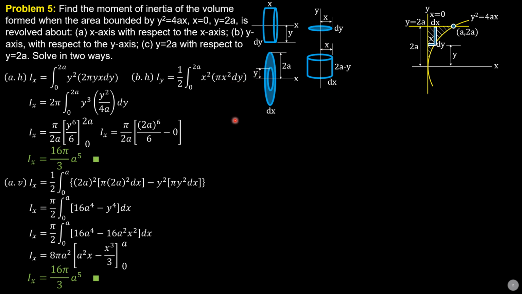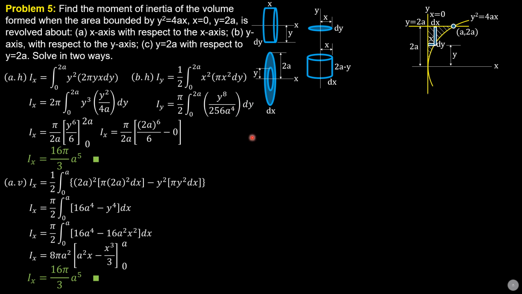So that's why it is pi over 2 integral from 0 to 2a of x to the fourth dy. And x to the fourth is, we simply take y squared over 4a raised to the 4th, so y to the 8th, and 4a to the fourth is 256a to the fourth, dy.